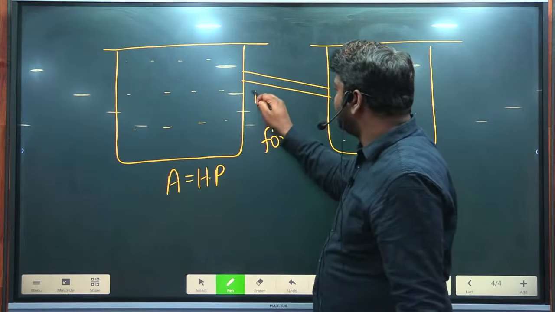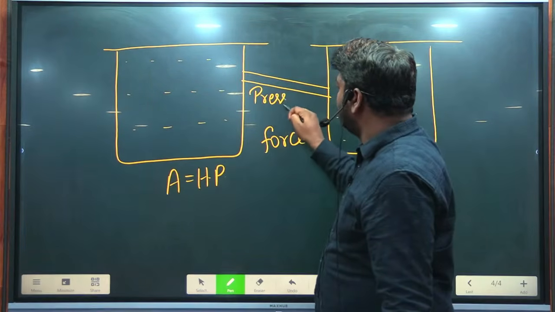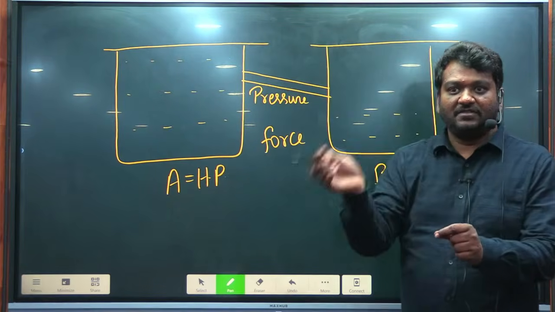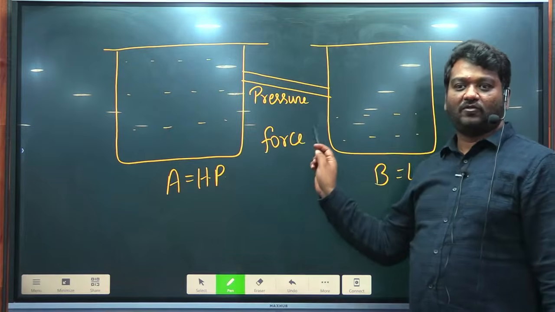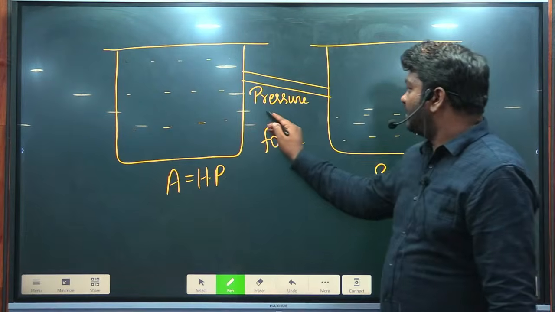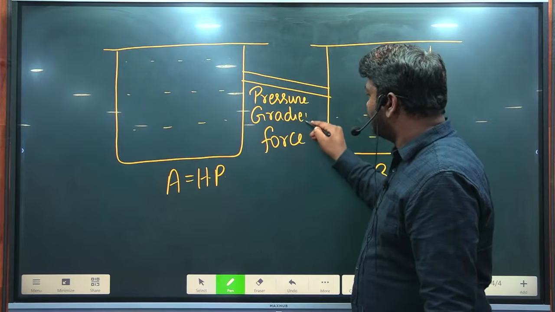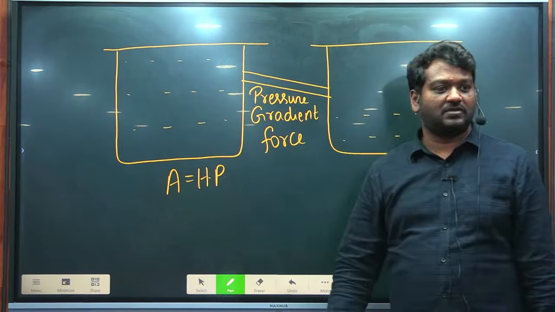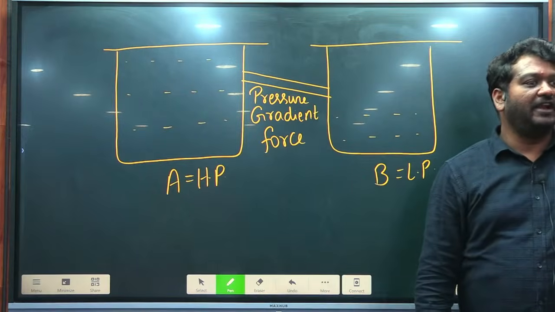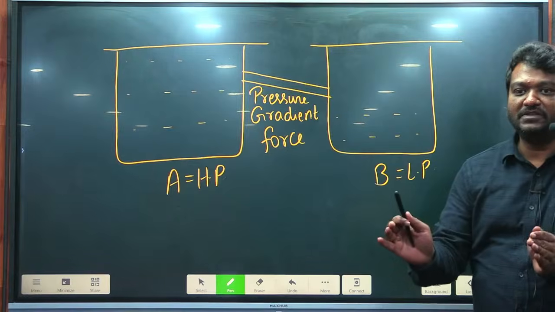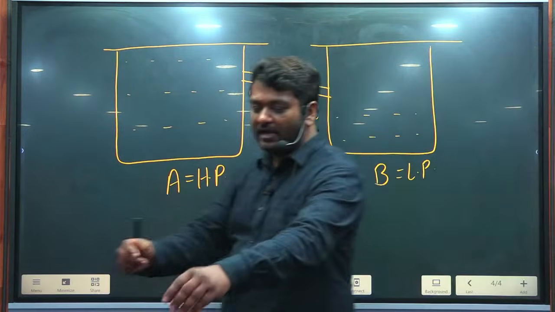That means, can I say what is it leading to? Pressure. Pressure difference has created a force. Now that is called pressure gradient force. What is gradient? Gradient means slope.